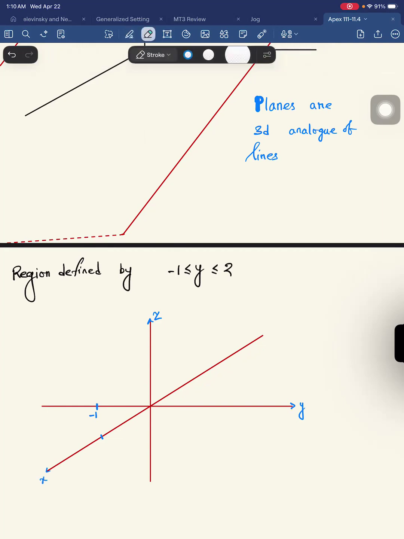So this is -1, this is 2. So y can vary between these two points, but x and z can be anything. So what would that picture look like? Essentially, it will be like two planes, right? One plane will go through this.